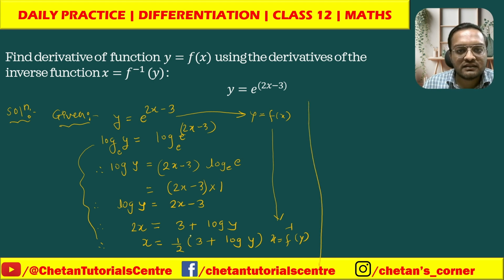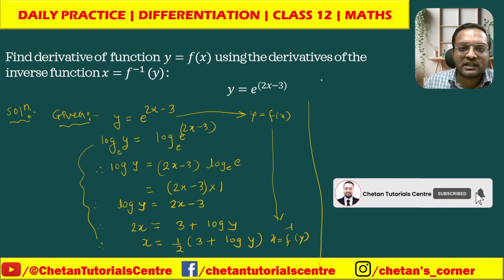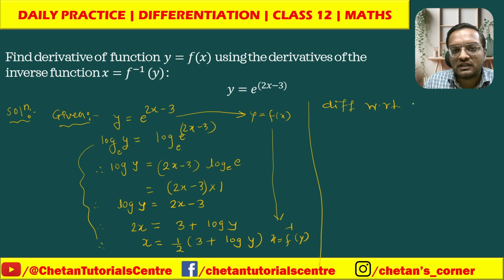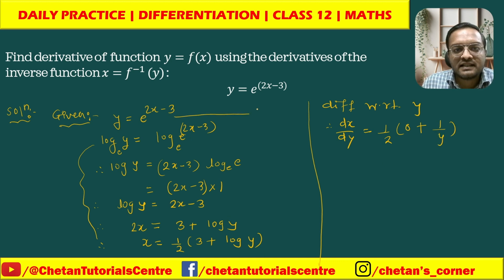Now once we get this, we will differentiate this inverse function with respect to y. So differentiating with respect to y, what we will get? dx by dy is equal to 1 upon 2. Now the derivative of 3 with respect to y will be 0, plus the derivative of log y will be 1 upon y. I will mark this as equation number 1.